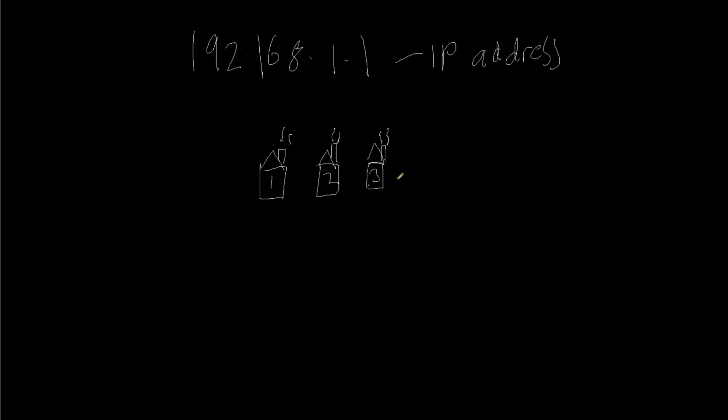And they might be on something like, let's call it Rocky Road, because I'm craving that at the minute. So Rocky Road. How do you know how to deliver to, say, house number 1 on a letter? Well, you would probably put something like 1 Rocky Road.